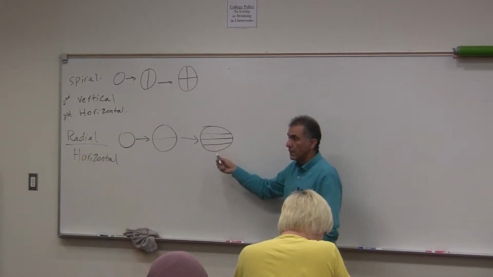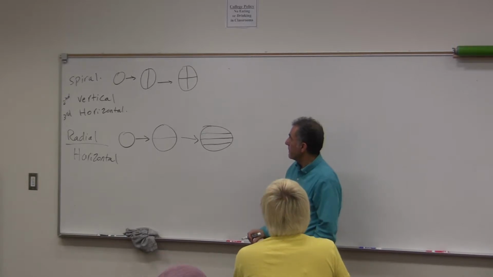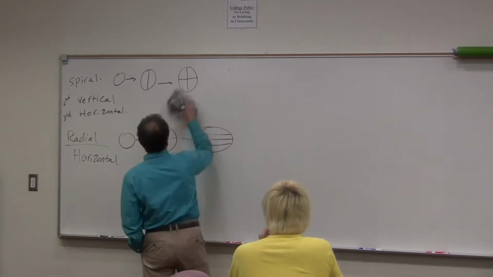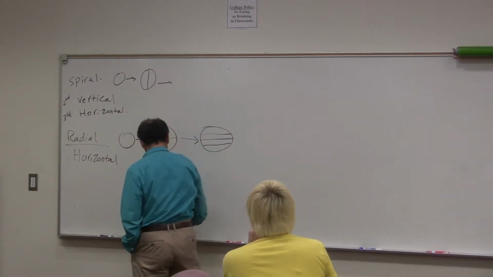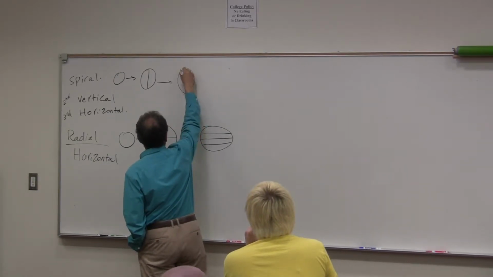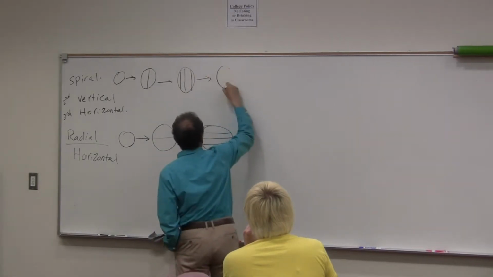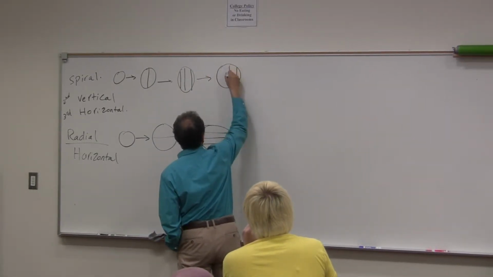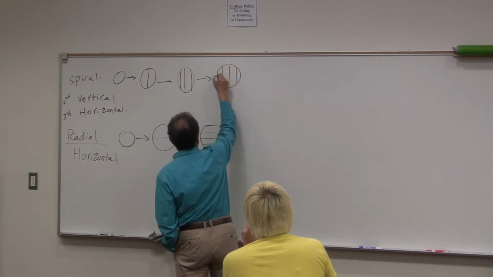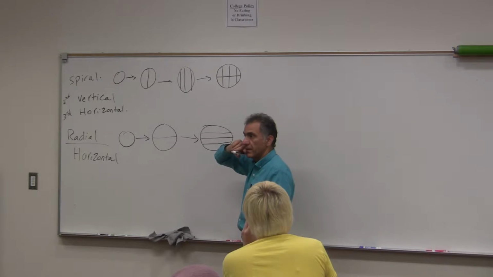In spiral cleavage, the first two are vertical, and then the third one is horizontal.